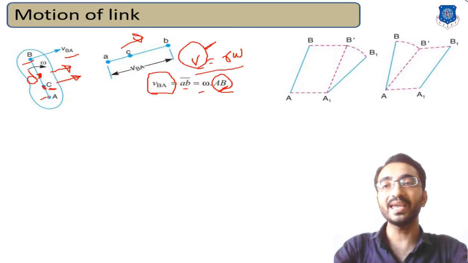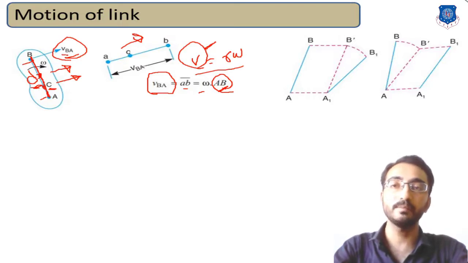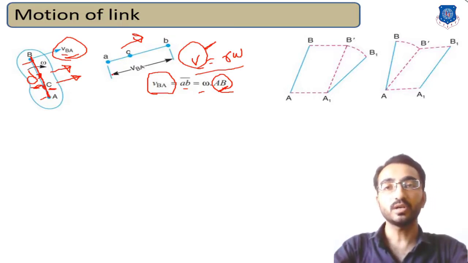So overall, for any point on this rigid link, the velocity will always be in the same direction as VBA, or velocity of B with reference to A. So it is lying on the same line.